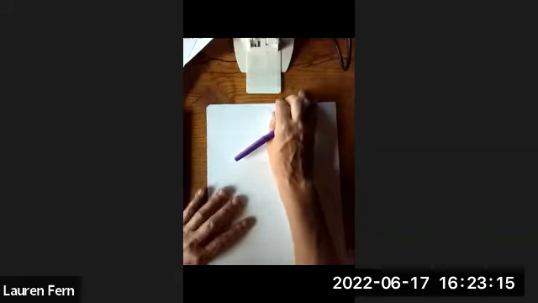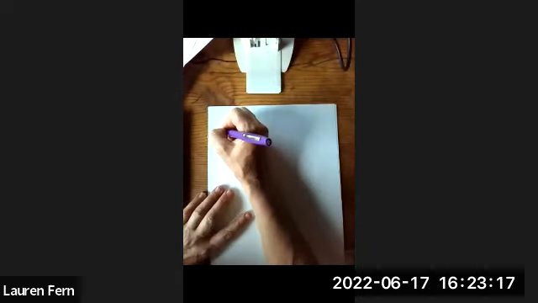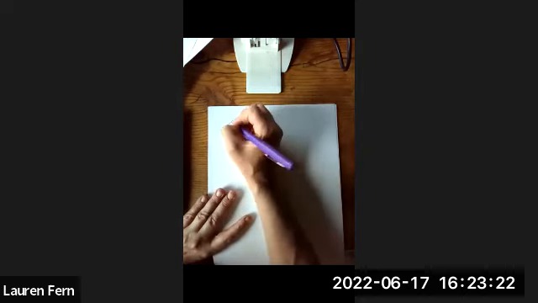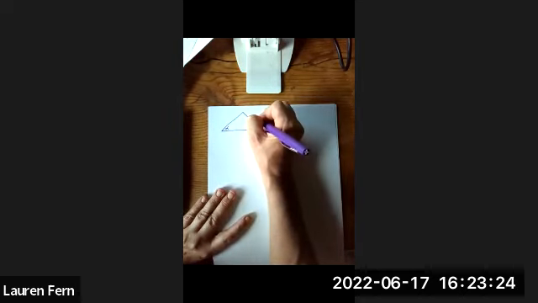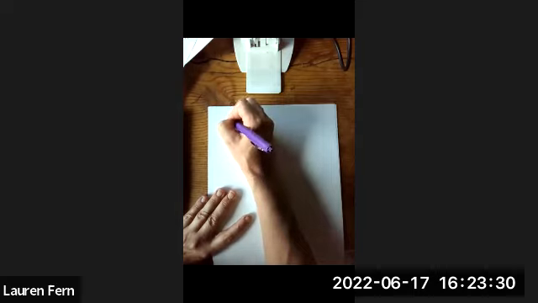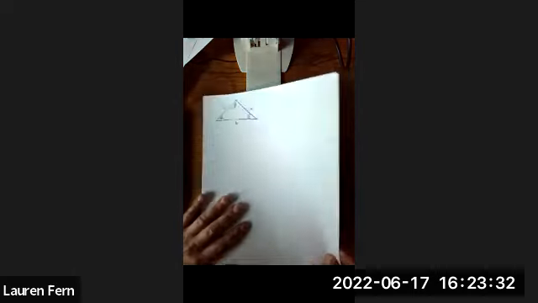Okay, so again, we have a non-right triangle. The derivation looks a little different, but this is alpha, this is A. I'll just have this beta B and gamma C. It doesn't really matter what we call each of those.